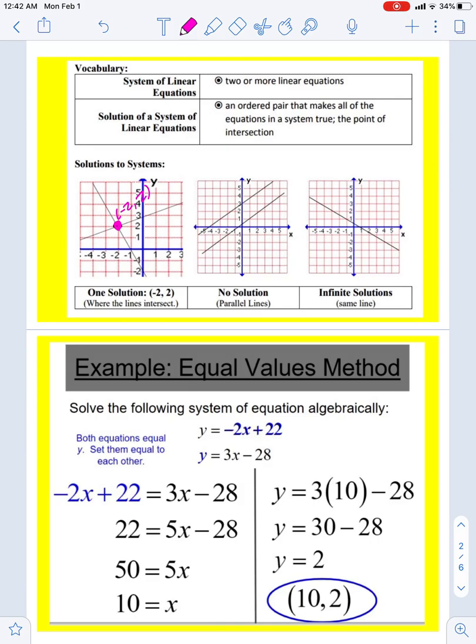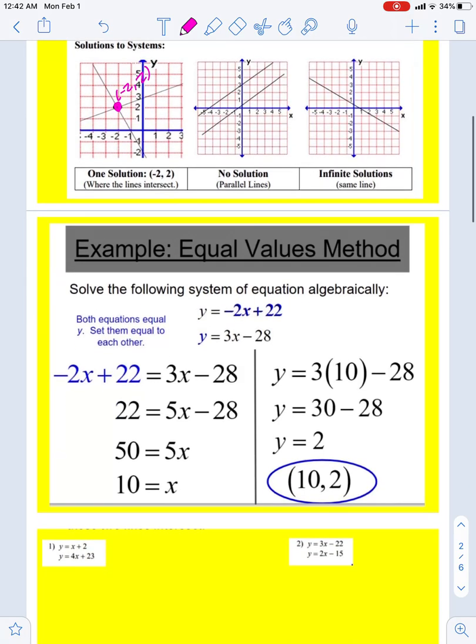So while we can use graphing to solve these, there are other ways to use as well. The first thing we're going to talk about is the equal values method. We have a system right here. You notice we have two equations that are grouped together. Sometimes they'll just be listed like that. Other times they will have a bracket like this next to them. I write them using the bracket.